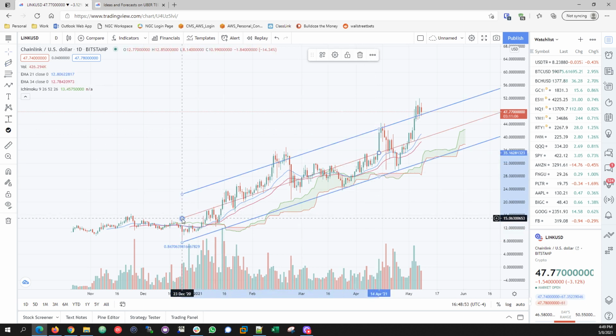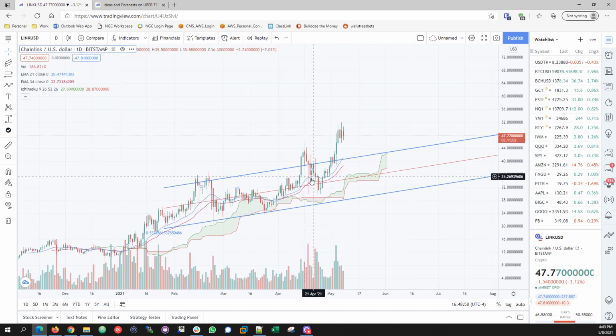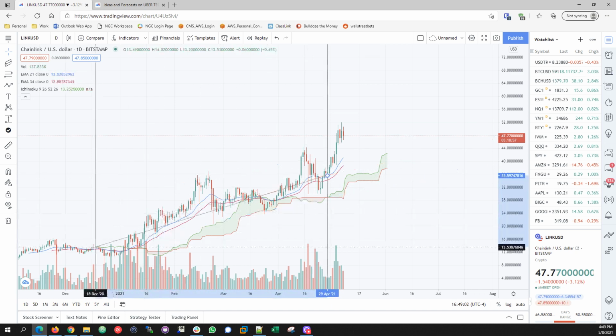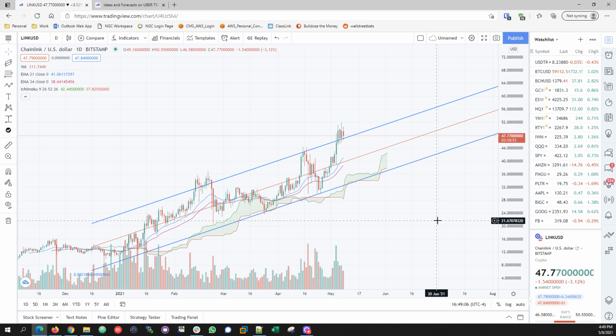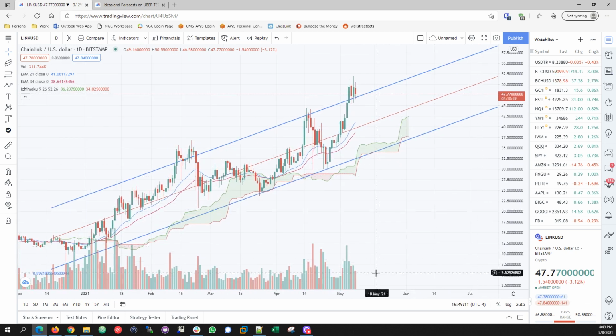So I don't know how things work in the crypto world. So I'm not going to try to sound smart when I chart this. I'm just going to draw it as if I'm drawing a regular chart.